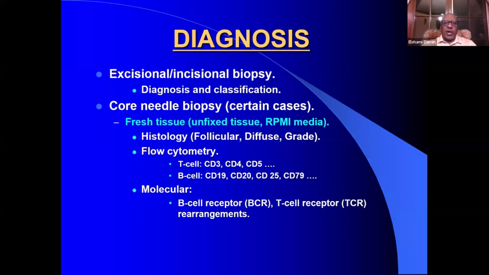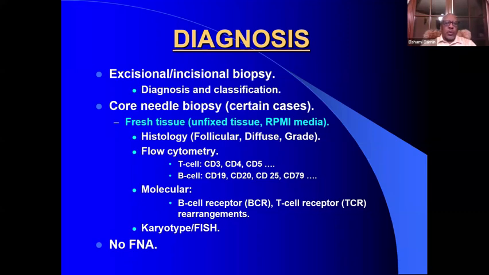The B cells usually have the higher numbers: CD19, 20, 25, CD79. Just an observation. Molecular testing is very important for B-cell receptor and T-cell receptor rearrangements. And of course, the karyotype, the chromosomal analysis, and FISH are very crucial for diagnosis and subclassification of lymphomas.